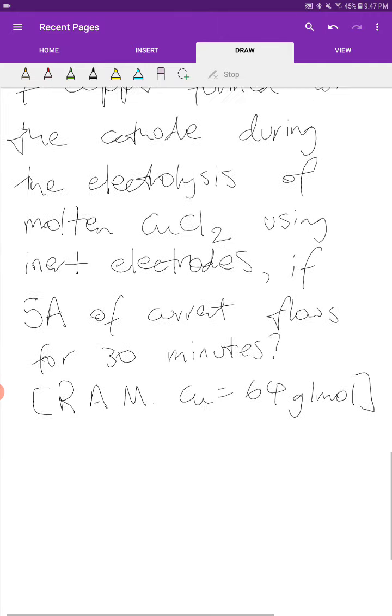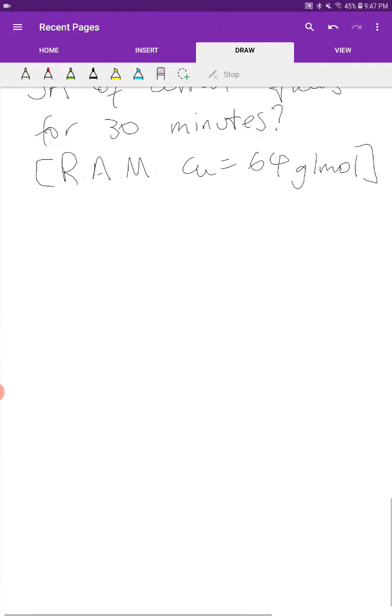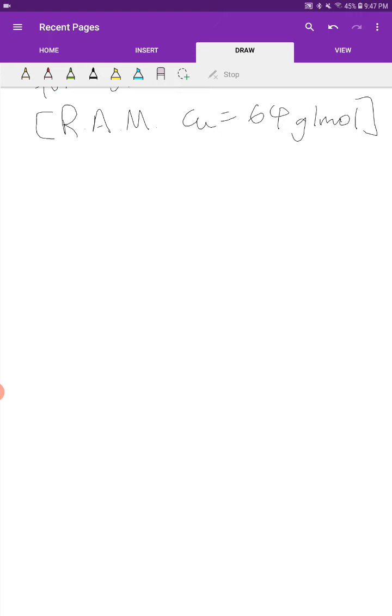So let's attack our question. First thing we have to do is find the charge. So we're using our Q is equal to I times t.